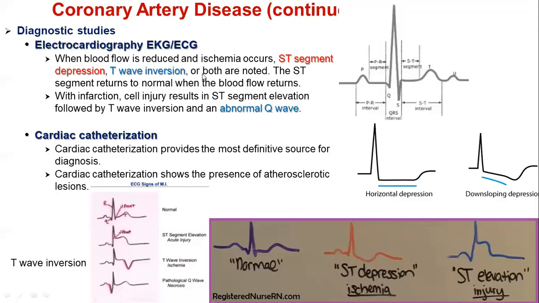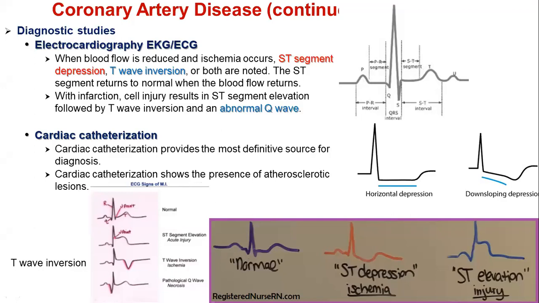So coronary artery disease EKG changing, right? First of all, I want to share with you what is the normal EKG. If you have a look at this picture, you can see this is the P wave.